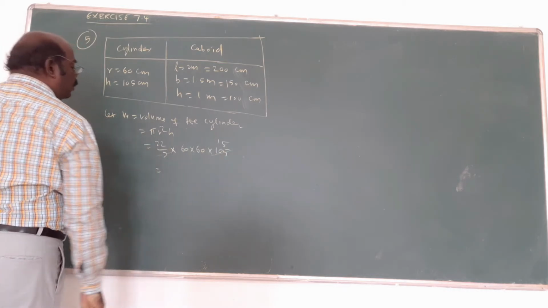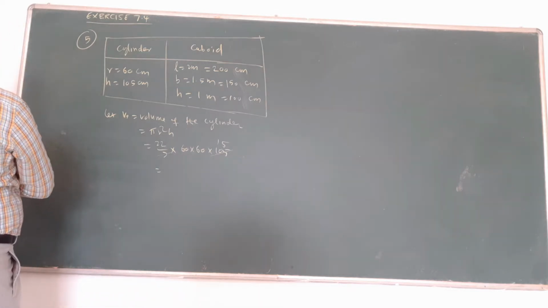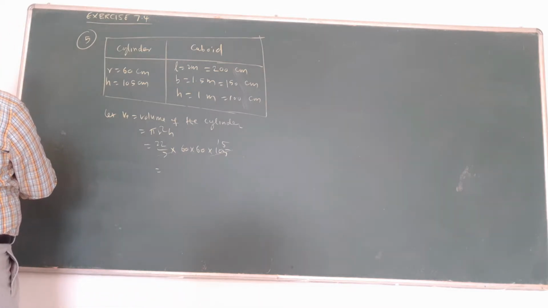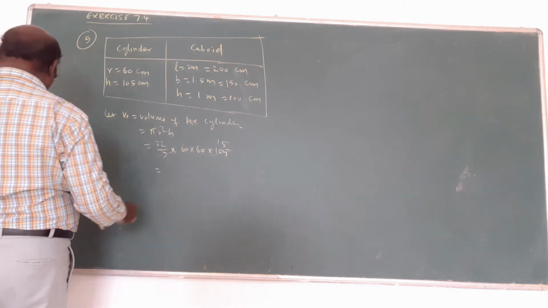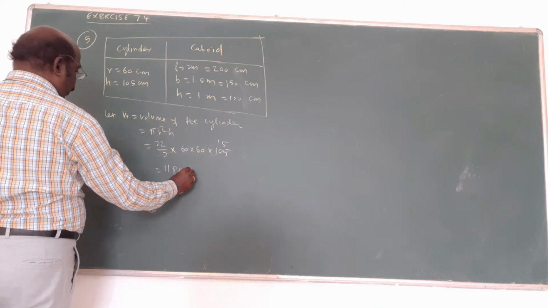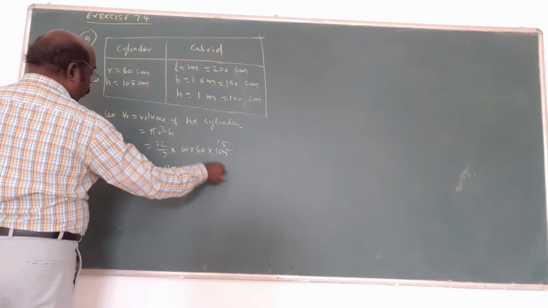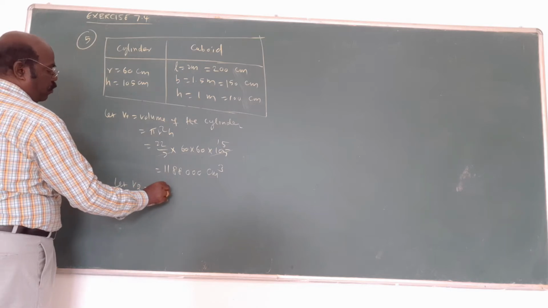Now multiply all the values: 22 into 60 into 60 into 105 divided by 7. You get the answer 118800 centimeter cube.